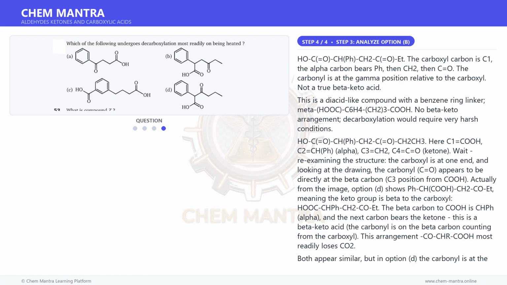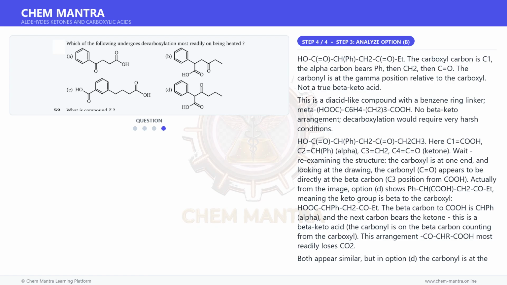Wait, re-examining the structure, the carboxyl is at one end, and looking at the drawing, the carbonyl, C=O, appears to be directly at the beta carbon, C3 position from the carboxyl. Actually from the image, option D shows PhCH, CO2H, CH2 COEt, meaning the keto group is beta to the carboxyl. The beta carbon is CHPh, alpha, and the next carbon bears the ketone.